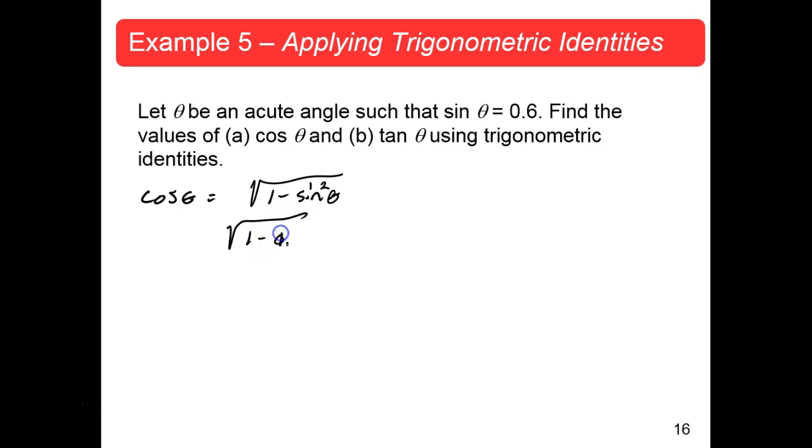0.6. So it's 0.6 squared, the square root of 1 minus 0.6 squared. What's 0.6 squared? I guess 0.36, because when you multiply a one-decimal number by itself, you get two decimal places.